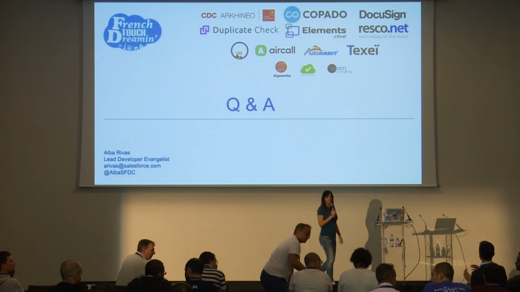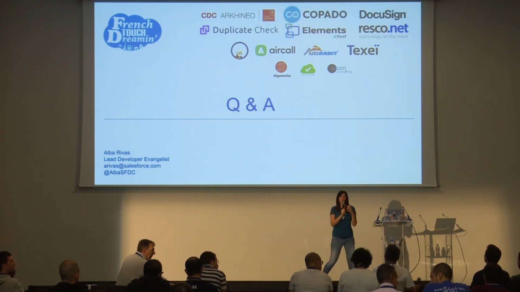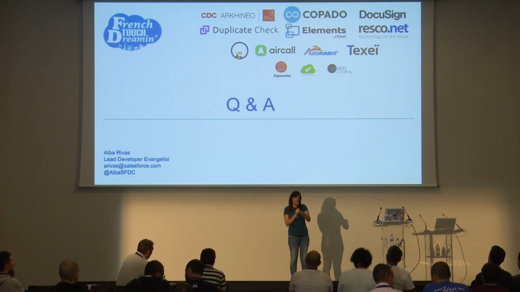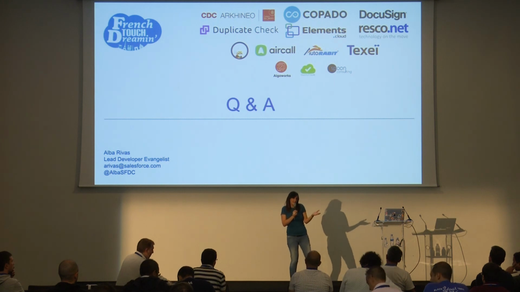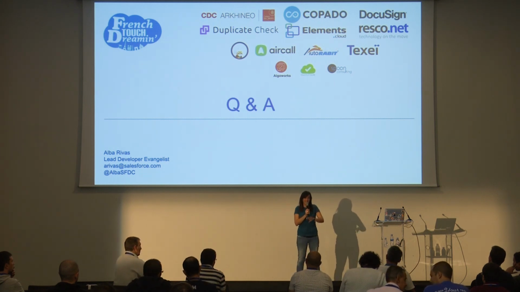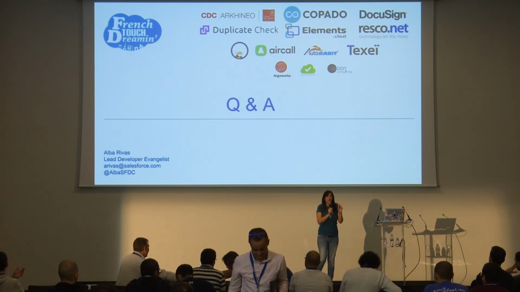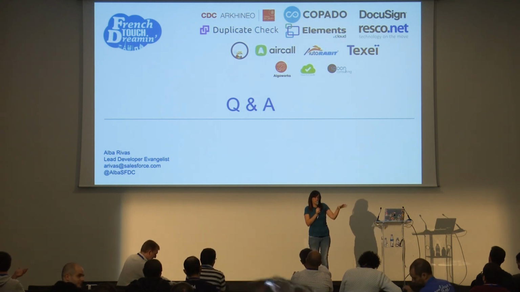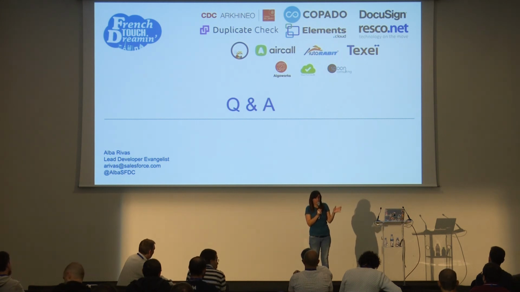What's the way to migrate from Aura to Lightning Web Components? So my recommendation is that you think about it in a step-by-step approach, as we did today, because if you try to migrate everything at a time, it's probably that you don't get it working at the end. But if you first migrate one small component, try to use it. For example, you know that Lightning Web Components can be used inside an Aura component. So you can try to reference that component and see if everything is working.